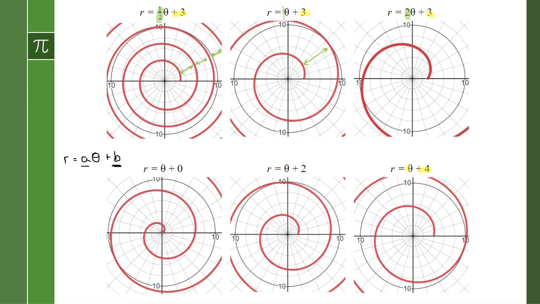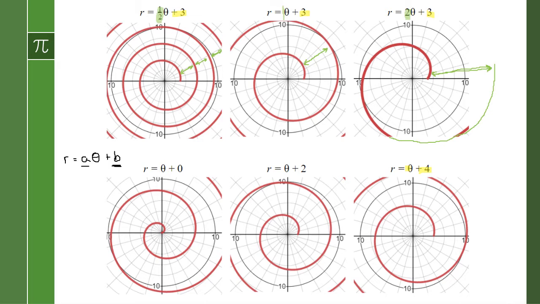And when I have 2 theta, this is a much wider spiral yet. I even went off the graph before I came back around, but if I were to follow the pattern, that would be approximately the distance between coils within my spiral. So we can see from this that the a value, the coefficient on theta, has to do with the width or the tightness of each coil.